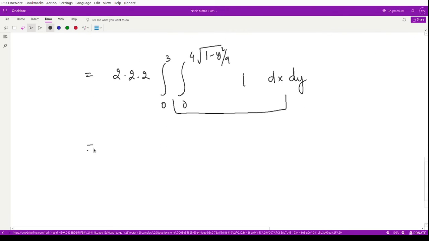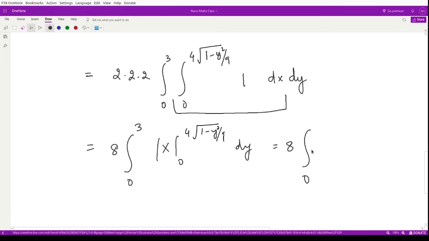So we have 8 times the integration from 0 to 3, and it would just be x, and we'll substitute the limits for x, from 0 to 4 square root of 1 minus y square by 9, dy. So when you substitute the limits, it would be 4 square root of 1 minus y square by 9 dy.